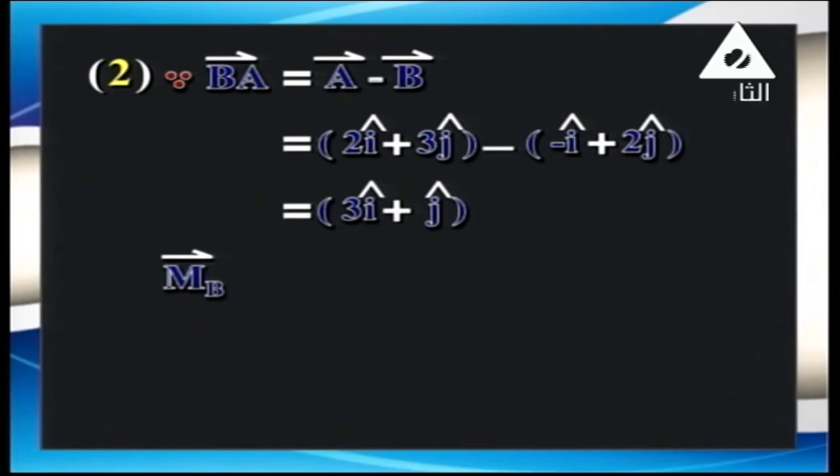This is the BA vector. Find the moment about B, which equals BA vector cross F vector.